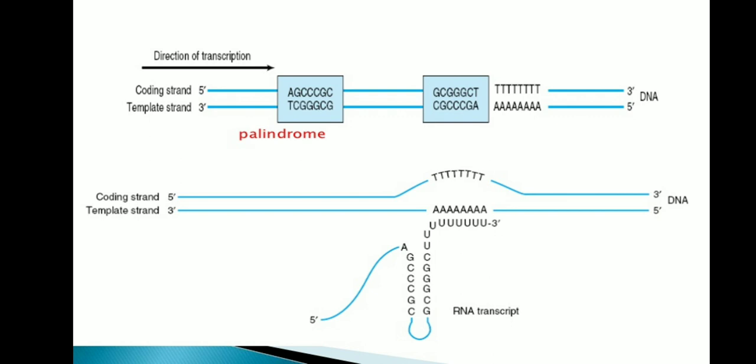So these are called palindromic sequences. Next to that you will find a region rich in thymine adenine. There is a repetitive sequence, and thus the hairpin like structure will be formed, which is rich in guanine and cytosine. In this way the RNA transcription will stop.